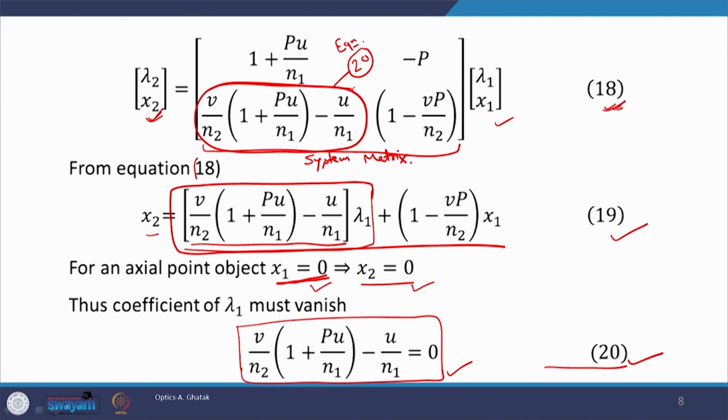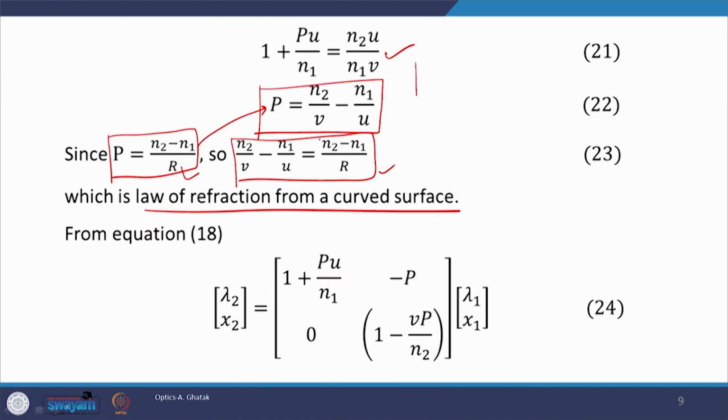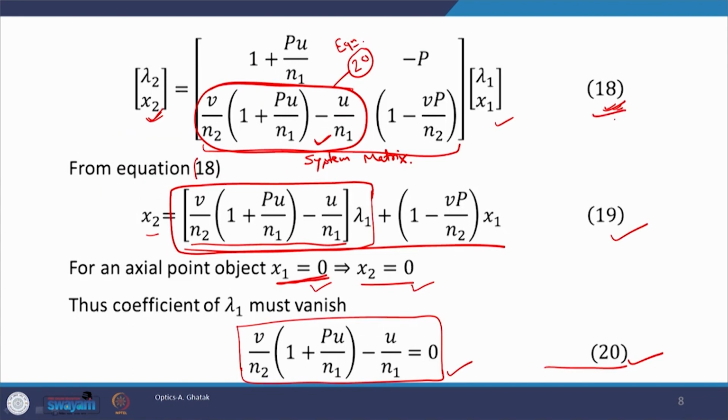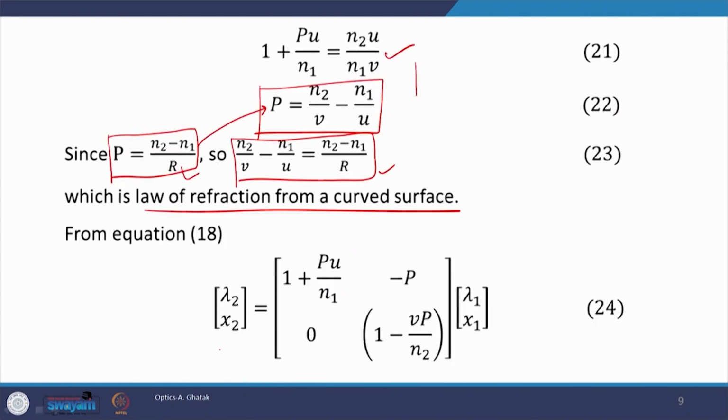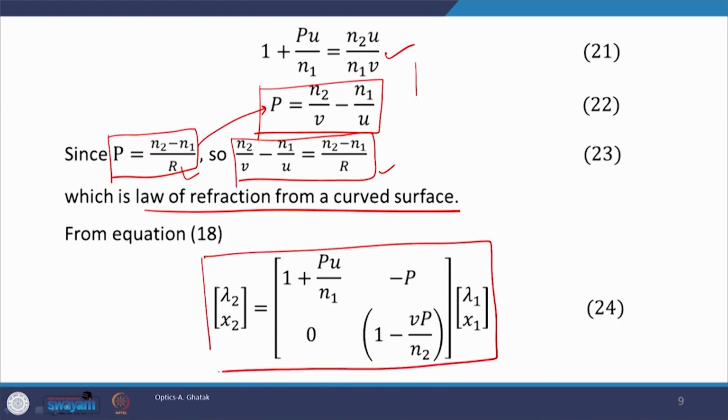We equated this term of the matrix to 0, and this constitutes equation number 20, and this gives a valid relation which we derived earlier. Therefore, this term of the matrix would be 0. Okay. Once you substitute it to 0 from this equation number 18, we can write this relation. Okay. Here this term is replaced with 0.